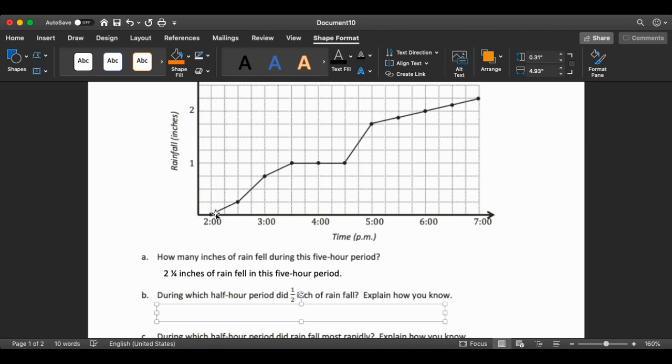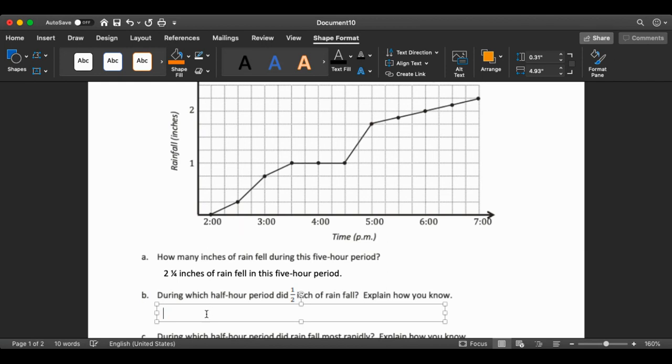If I move from 2 to 2:30, I'm noticing that that's only 1/4 of an inch, so that's not 1/2. Now I'm moving from 2:30 to 3. I see it started at 1/4 and it's ending at 3/4. So that is the 1/2 inch of rainfall, right? Because the difference between 1/4 and 3/4 is 1/2 inch. Or you could move up 2 boxes, or even just count, 1, 2, that equals 1/2 inch of rainfall.